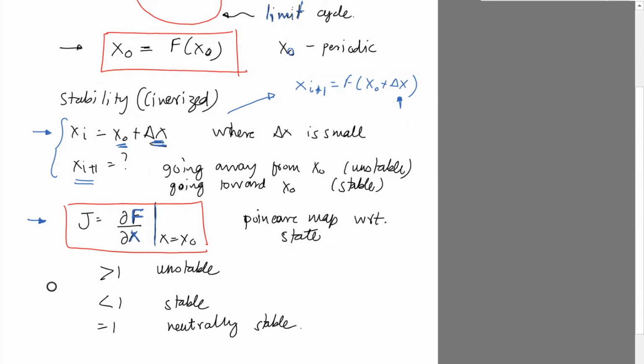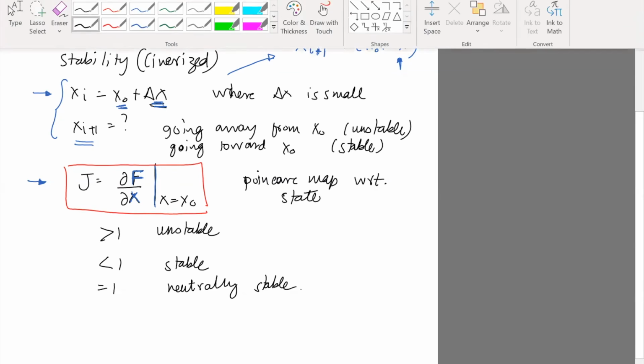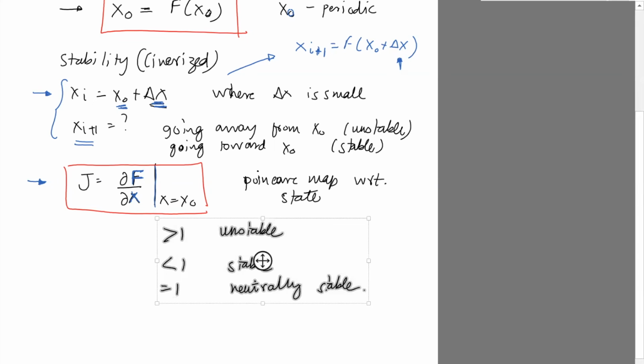J is basically going to be a matrix, so what we need to do is find the eigenvalues of J. That's actually very simple. In MATLAB, there is just a command called eig, which can help you do that. So we find the maximum eigenvalue of J. If that's greater than 1, then the system is unstable.